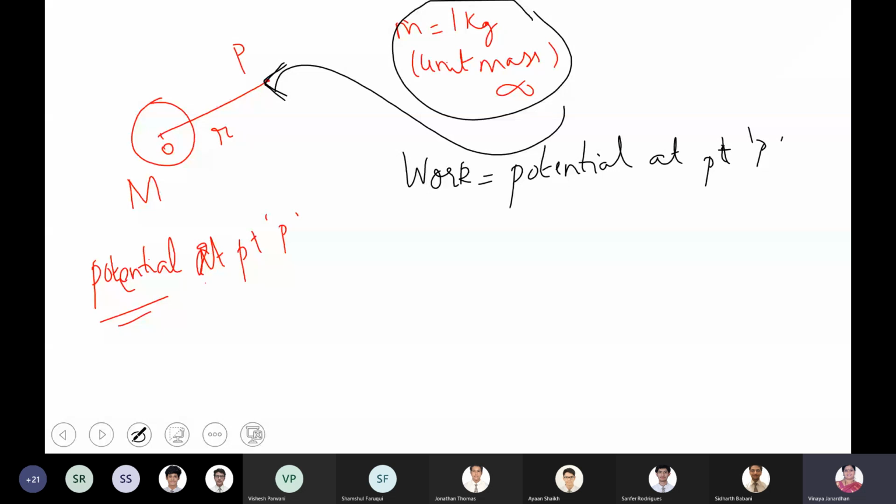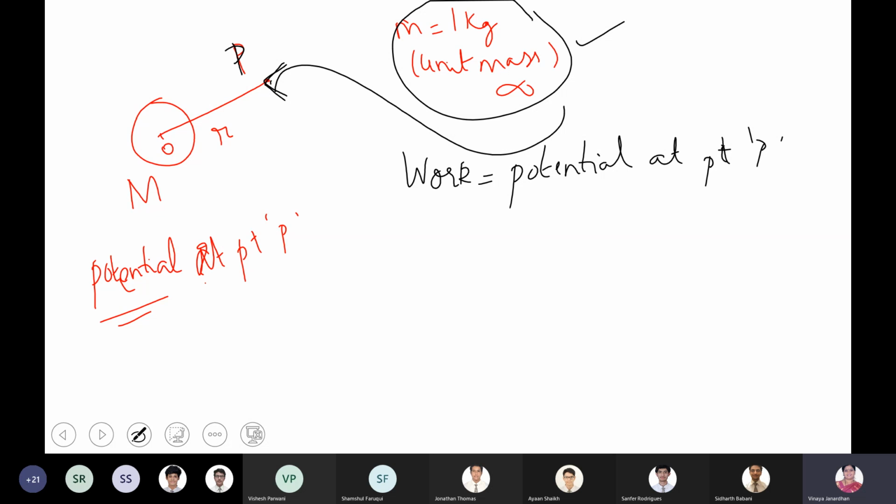So a mass m creates a gravitational field. In this field, I want to find the potential at point P, which is at a distance of r from its center. For that, let me imagine a mass of 1 kilogram is initially at infinity. You need to bring this mass from infinity to the point P. There is a force of attraction, gravitation. So you're doing work in bringing the body from infinity to this point. Whatever work you do will be a measure of potential at this point P.